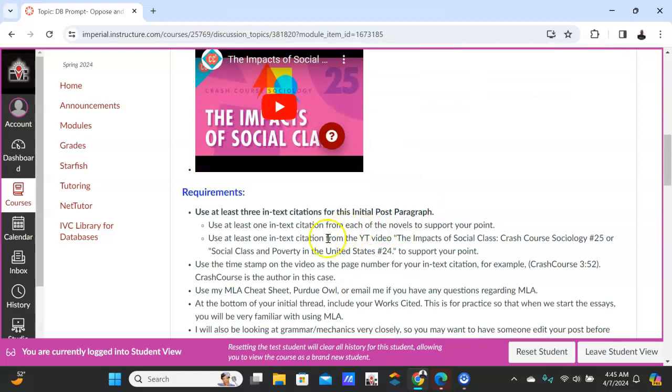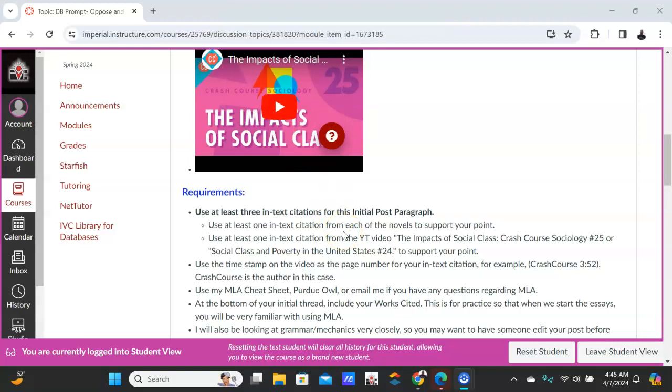Okay, so requirements: 3 in-text citations. Actually, I misspoke. There are 3 in-text citations, 1 from each of the novels when you give the context, and then 1 from the videos here. You can use more if you want, but again, do not string together quotes or outside sources.